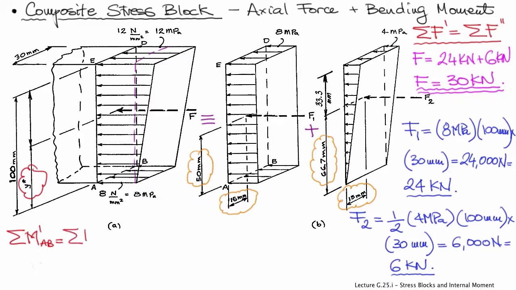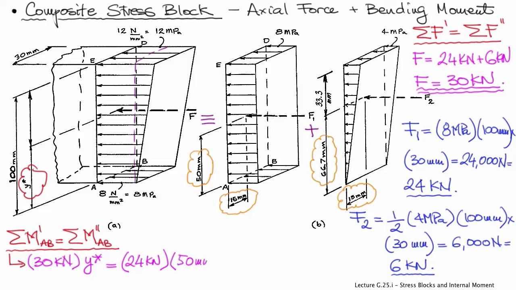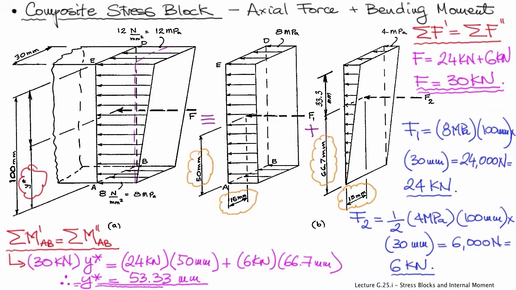But also for equivalency, the sum of the moments, say I'm choosing about line AB on diagram A, must be equal to the sum of the moments about the same line AB on diagrams B. So that means the magnitude of F, 30 kilonewtons, times Y star equals 24 kilonewtons times 50 millimeters in the first diagram B, plus 6 kilonewtons times 66.7 millimeters in the second diagram in B. So from here we can quickly solve for Y star, which will equal 53.33 millimeters.